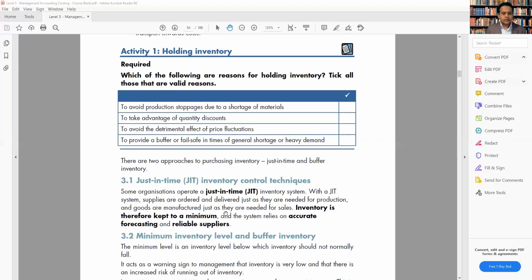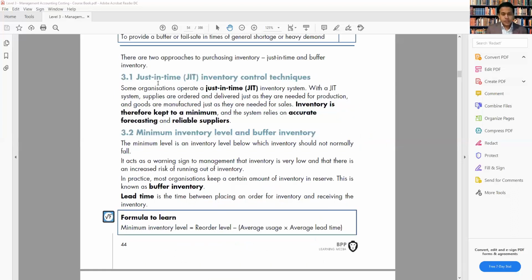That one we have is just in time, or JIT, inventory control techniques. This one is a Japanese technique, and most companies in Japan follow JIT. It says some organizations operate a just-in-time inventory system.